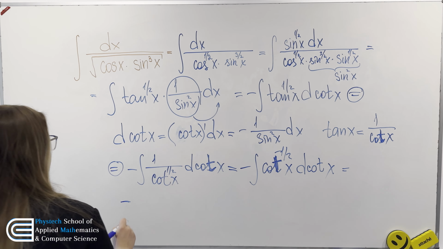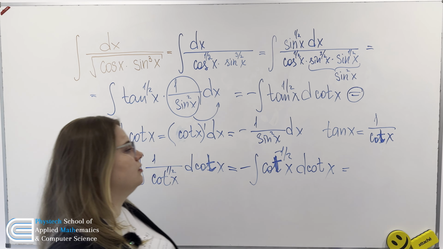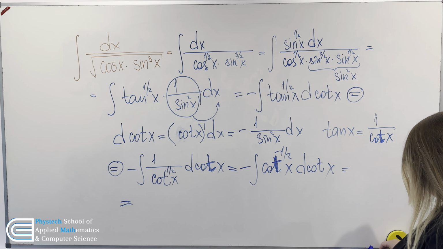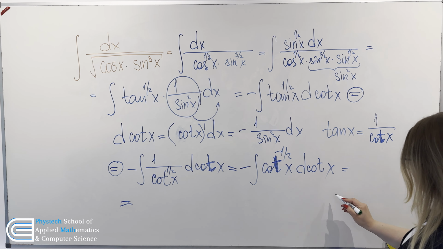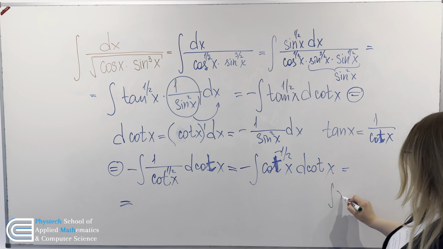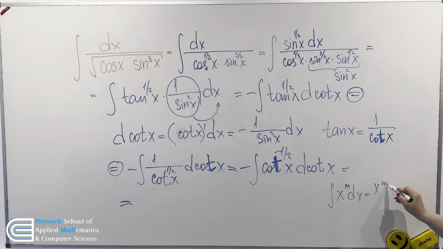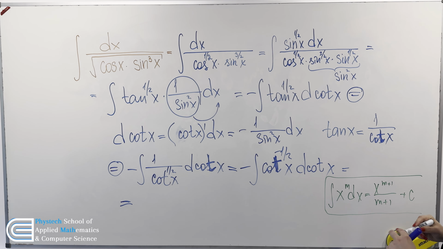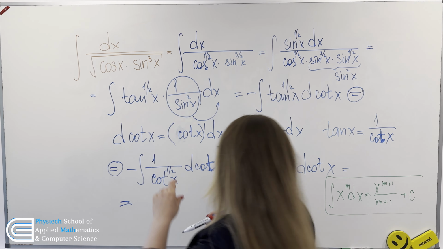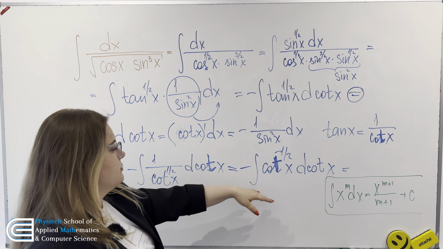So now we can use formula, integral of x to the power of m dx equals to x to the power of m plus 1 divided by m plus 1 plus c. It's a reminder, and let's use it here.